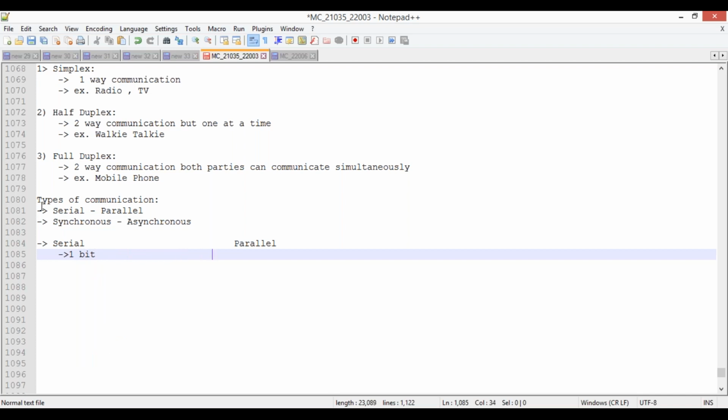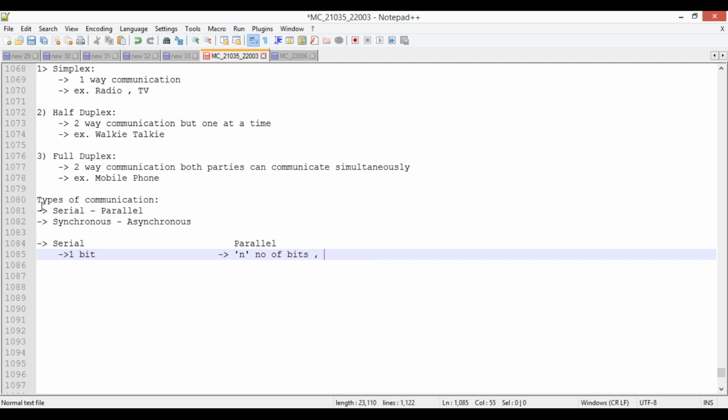And in case of parallel communication, how many bits are getting transmitted? All the bits, okay. Instead of saying all, multiple bits is a good word actually. So can I say n number of bits are getting transmitted?